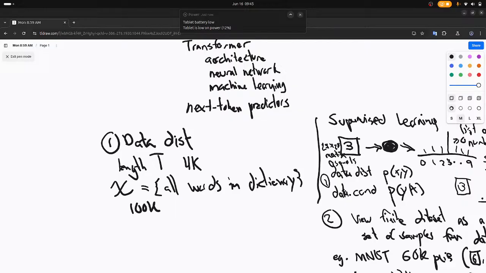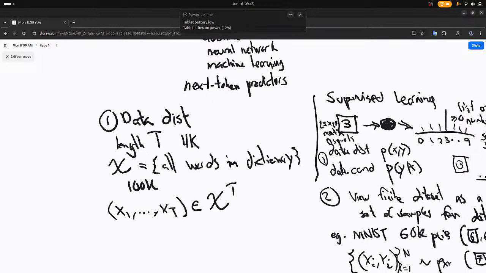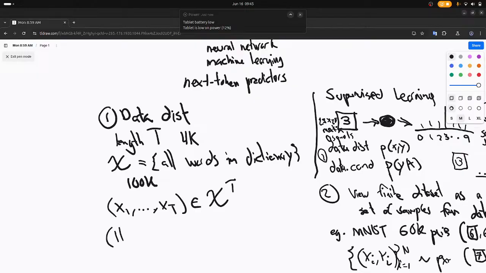It could also be something different, but this is just for simplicity now. We just think that we have these sequences, and therefore we write x1 to xt. I'm actually going to imagine some sequence like this, essentially in the set X to the power of T, the Cartesian product. It could be, for example, "hi there," and then just some white space all the way to T, because in this way it will be simpler for us to talk about.